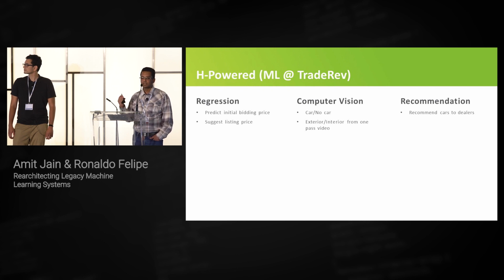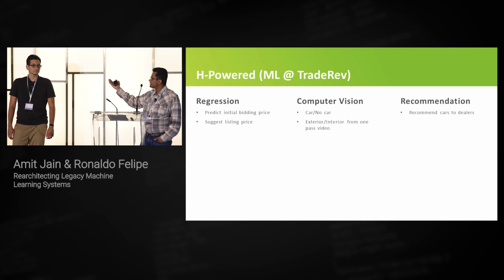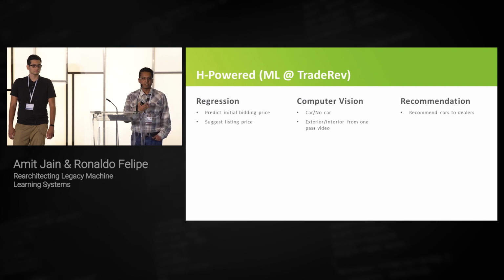The other thing is we have a cool system in which we take a video of the car, and from that we can figure out the passenger side, the back side, the front, the console of the car. There's a cool video on the TradeRev channel. You can watch it and appreciate how cool that feature is. Recommendation is a typical use case where we are recommending cars to the dealers. So today's topic is primarily dealing with the regression framework.